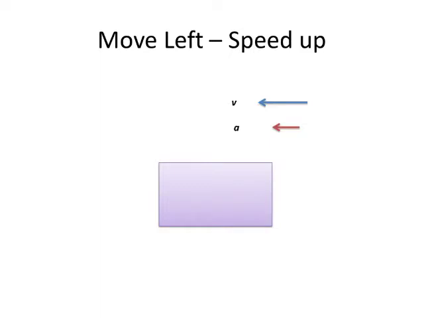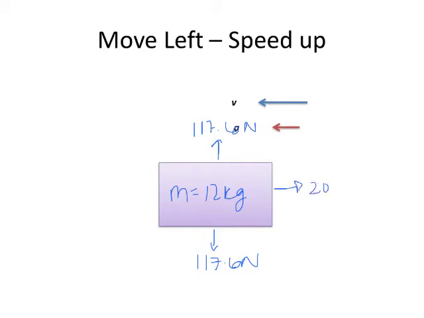So moving to the left and speeding up, maintaining our same mass. We have our same normal force and force applied. I'm just going to keep 20 newtons to the right, but in order to show that our velocity and our acceleration is going to the left, again, we'd have to have the left side have a higher Newton force.